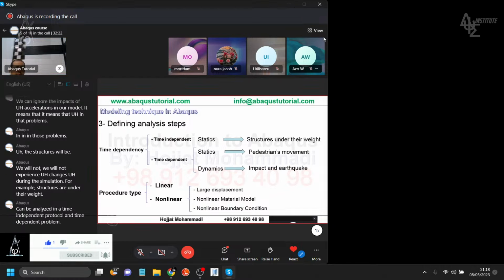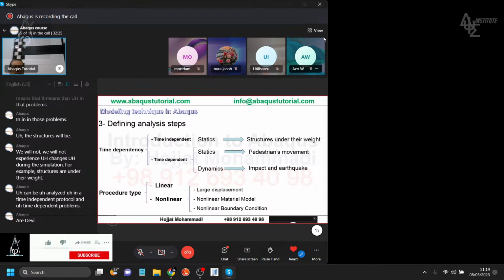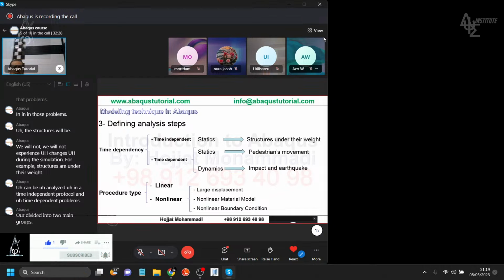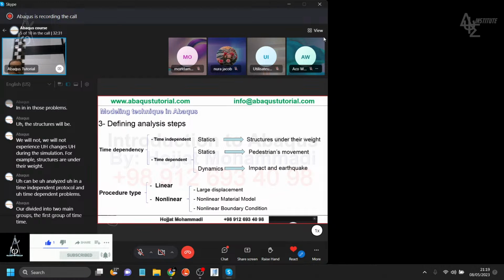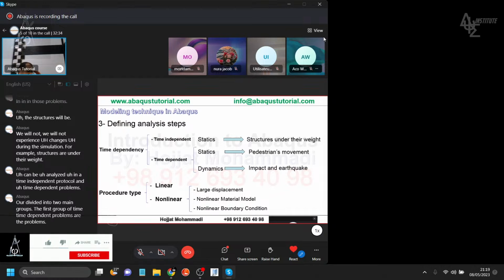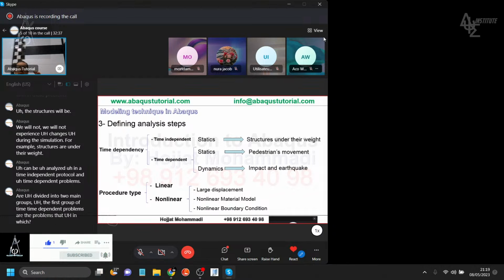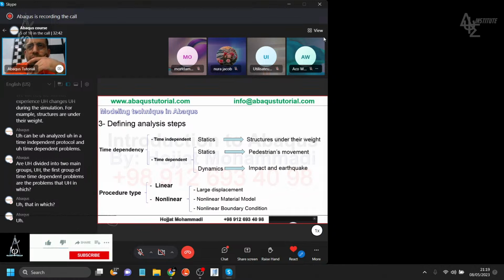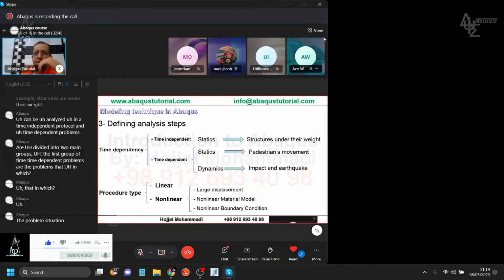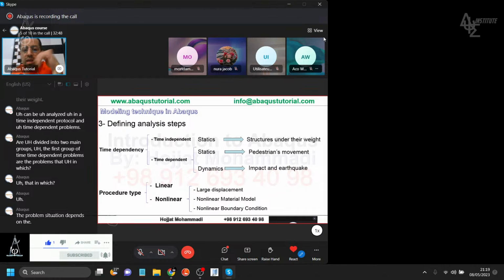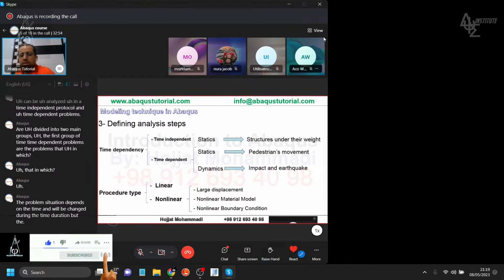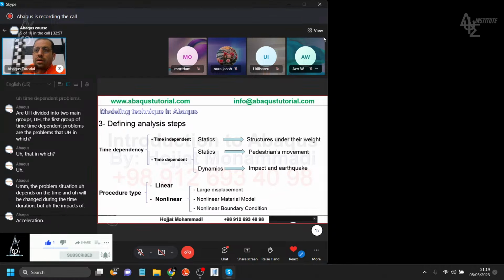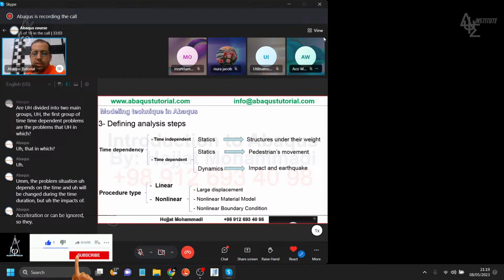Time-dependent problems are divided into two main groups. The first group are the problems in which the problem situation depends on the time and will be changed during the time duration, but the impacts of acceleration can be ignored, so they can be considered static.